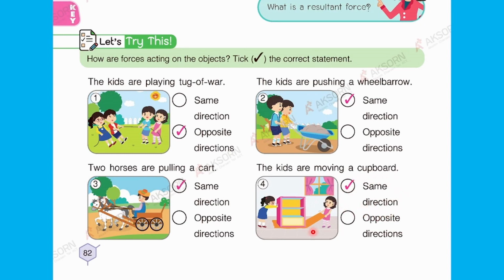So this little girl here, she is pulling this cloth and the cupboard will move this way. This little girl is pushing the cupboard this way, so the cupboard will go this way. So it's the same direction.